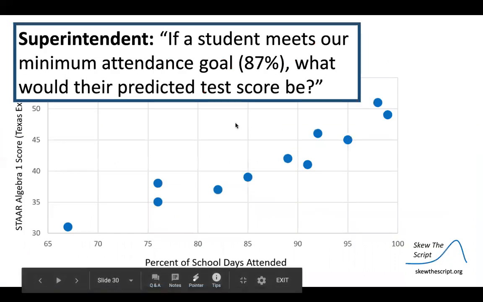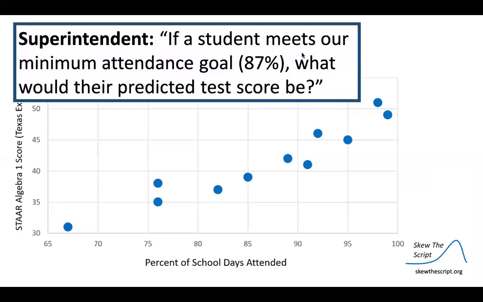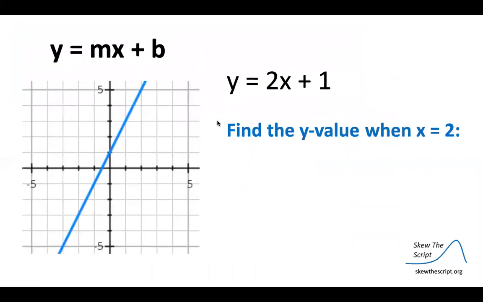Let's go ahead and take a look at making a prediction. So the superintendent wants to know, if a student meets our minimum attendance goal of 87%, what would their predicted test score be? Well, let's first go back to that other line, that real simple one, and see how we would find a value there. So here, this problem says, find the y value when x equals 2. So what would I do here?